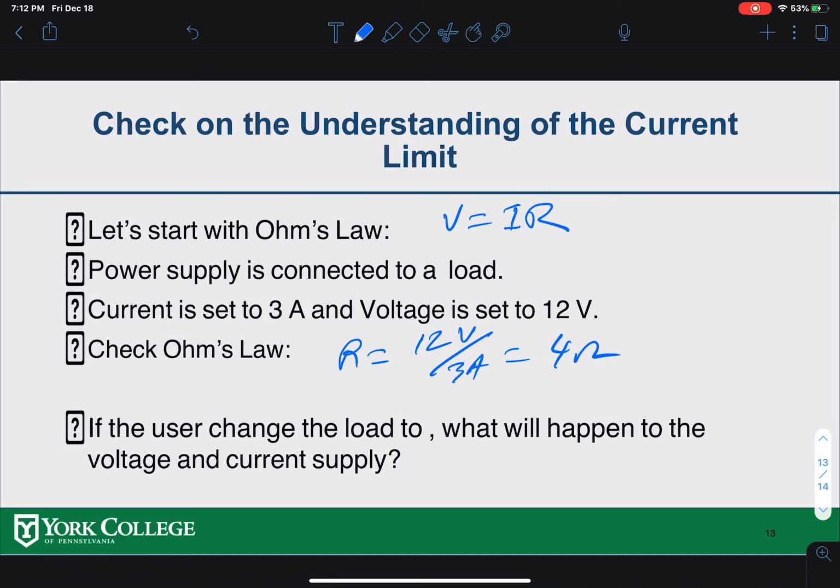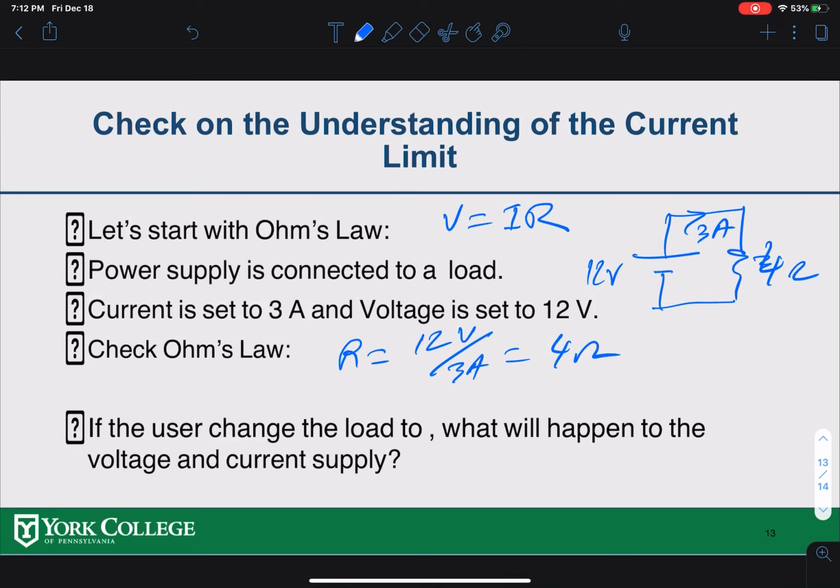So if you're supplying a 4 ohm load with a 12 volt supply, you're getting 3 amps. That is fine, your voltage is set to 12 volts, constant voltage.